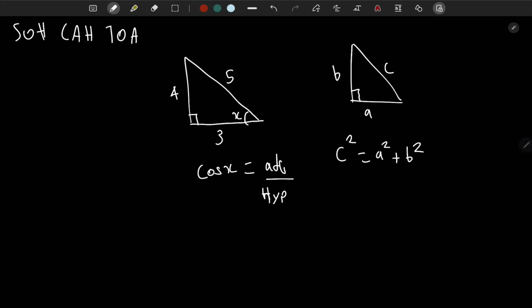Once you know this, then you know the functions, and you can just plug in the values and solve for x. So here the adjacent side is 3 over 5, so cosine x is equal to 3 over 5, and then you can bring cosine to the other side, so x is going to be cosine inverse of 3 over 5, which is the same answer, 53.13.